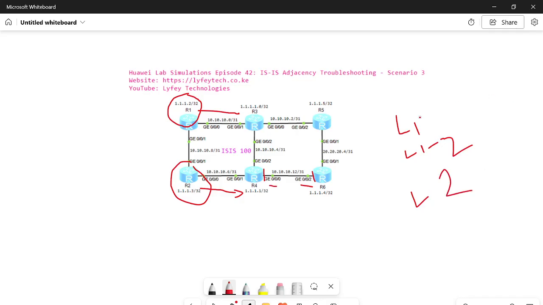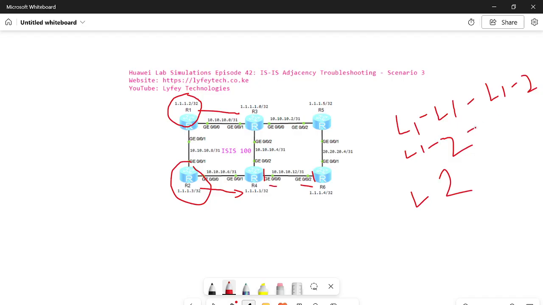For example, level 1 will establish an adjacency with the level 1. That one will come up as a level 1 adjacency. Level 1 will also establish an adjacency with level 1, 2.